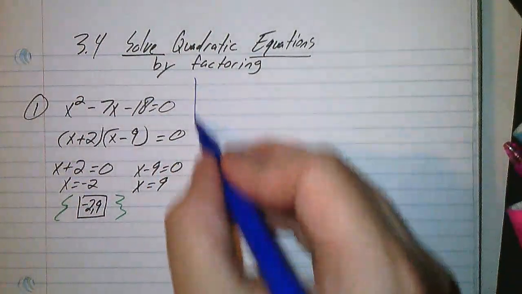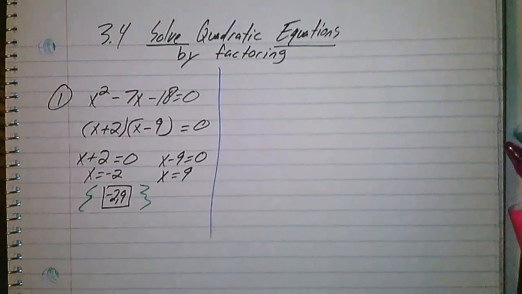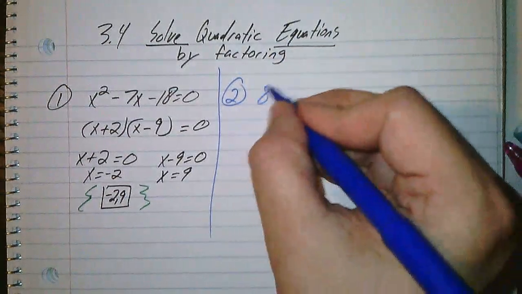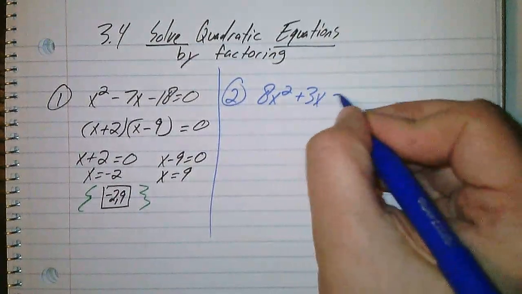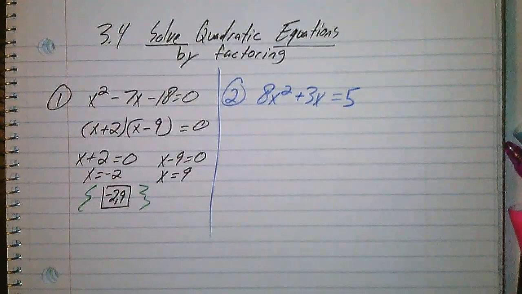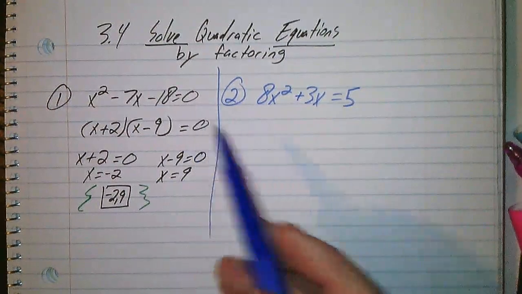Let's get into a more challenging one. Let's take 8x squared plus 3x equals 5. So in order to solve a quadratic equation, you must be set equal to 0.